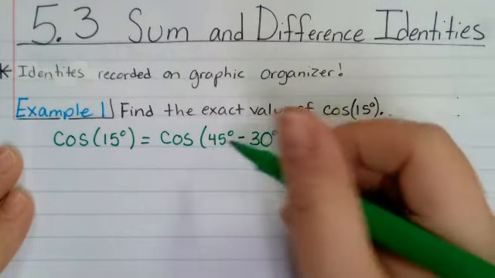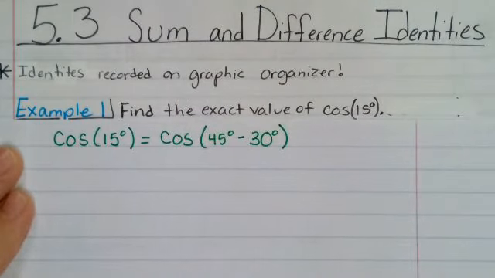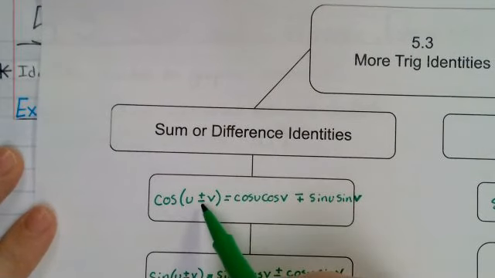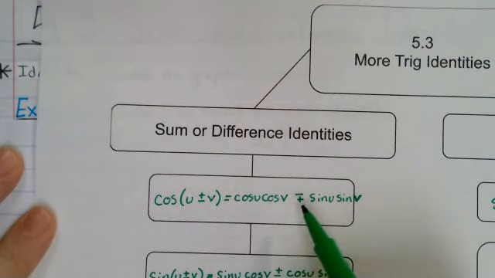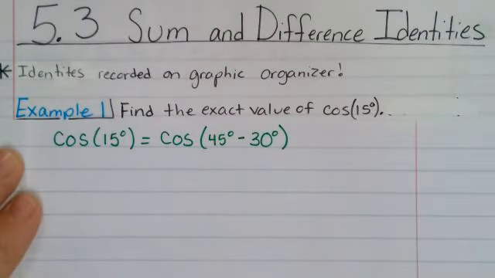But this causes me to have to use a different identity for cosine. That's where I go to my identities and I say, okay, we're doing the difference, right? So we're going to be picking the bottom sign when it comes to our formula. We should be doing cosine of the first thing times cosine of the second, then plus sine of the first thing times sine of the second, right?